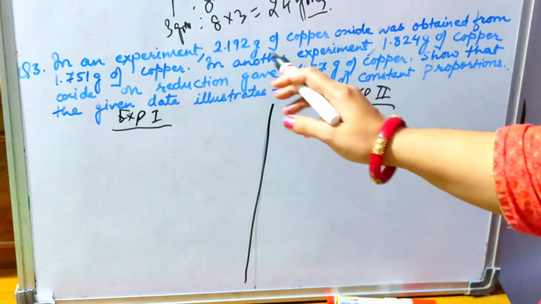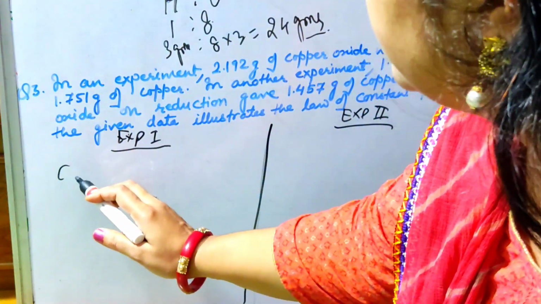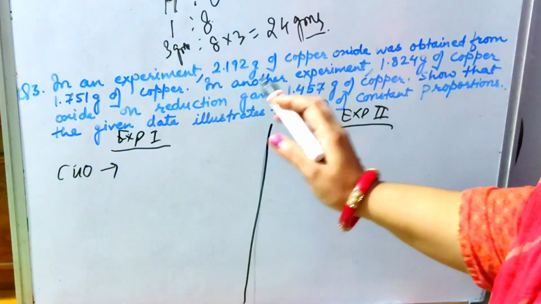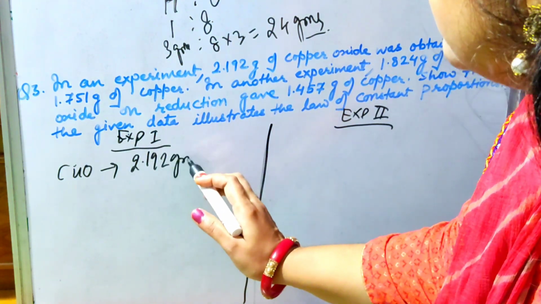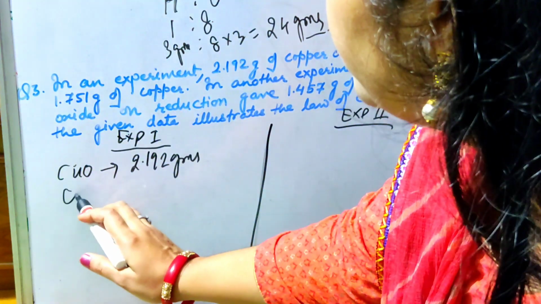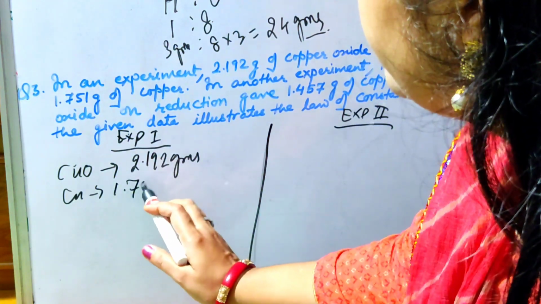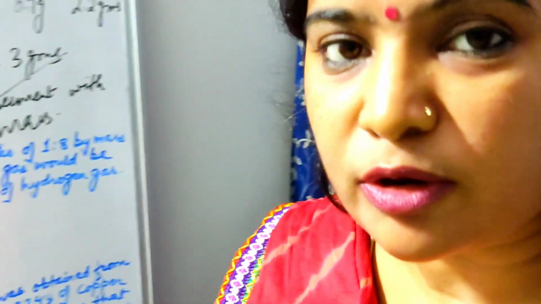Now in experiment number 1, we could see that the mass of copper oxide CuO is how much? 2.192 grams. Fine. And copper is Cu. Copper is how much? 1.751 grams.